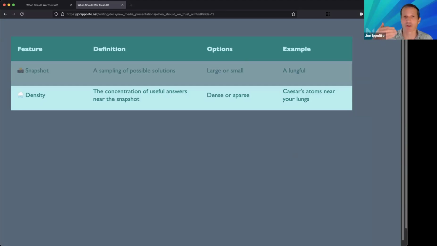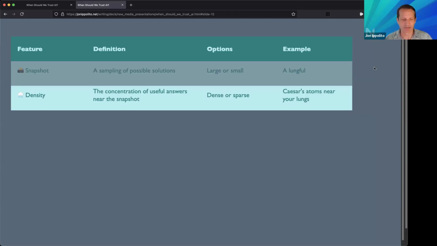Was the model trained on data that has a lot of examples similar to what you're asking for in your prompt? Or is it sparse? If it's sparse, it's like, well, there wasn't a lot on that on the internet. That's a very important characteristic of a model for a particular task. It's not that a task is necessarily good or bad; it might depend on having the right kind of data in the data set to solve that task.